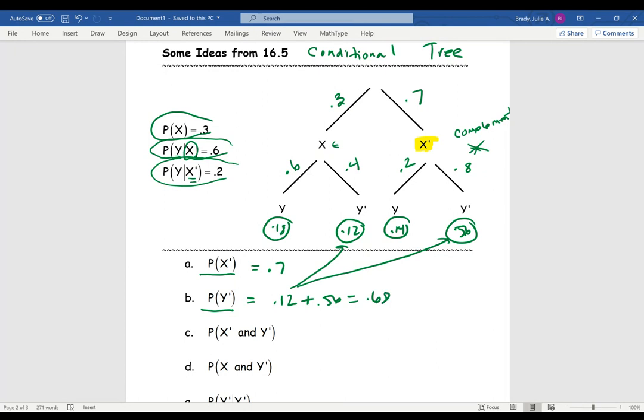The chance that x prime happened and y prime happened means we come down one branch. X prime happened and y prime happened. So that's 0.56. And the chance that x happened and y prime happened, that's 0.12. And so those are ideas we've done before.